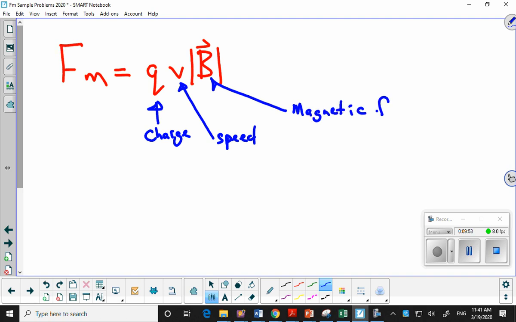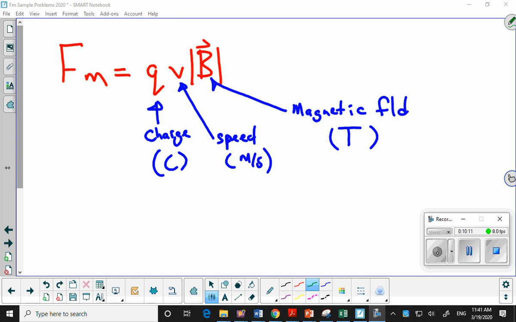Now the charge is going to be measured in coulombs. The speed has to be in meters per second. The magnetic field is in a unit called the Tesla, which is abbreviated with a capital T. So this is one of the two formulas I said.